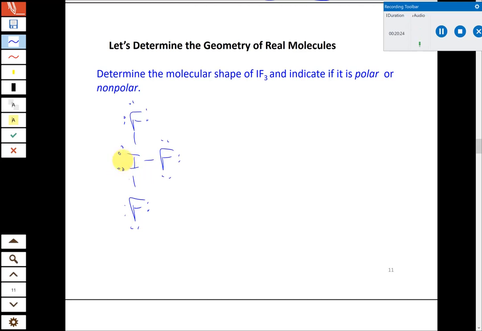All right, so we want to first determine the shape of this. So in the central atom here, we have 3 fluorines, so it's AX3, and then what we found out from drawing the Lewis structure is that there's also 2 lone pairs. So the AXE notation for this molecule would be AX3E2, 3 atoms, 2 lone pairs on the central atom, a total of 5 electron groups.